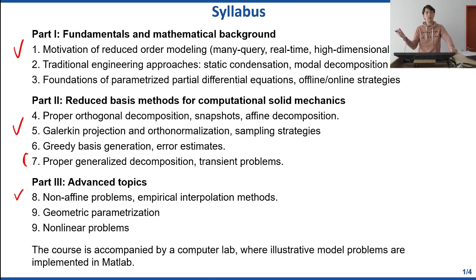We saw the empirical interpolation, either the discrete empirical interpolation or the non-discrete empirical interpolation method. And we'll see that that also shows up for our use case right now, the geometrical parametrization. So this is the third to last lecture.